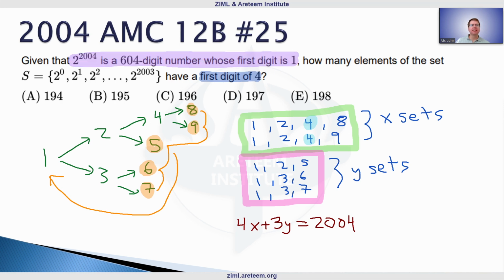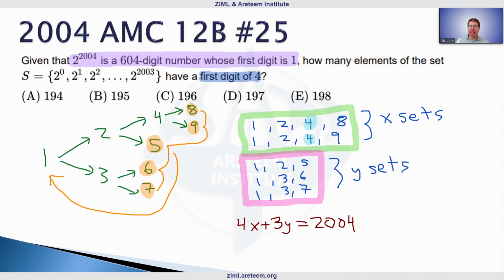So the next number in our sequence, right? We went all the way up to 2 to the 2003. 2 to the 2004 has 604 digits, and its first digit is 1. So that means that's the start of a new set, right? 2 to the 2004 is going to be at the start of a new one of these sets in this scenario.